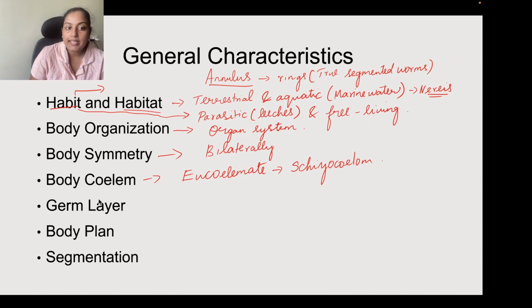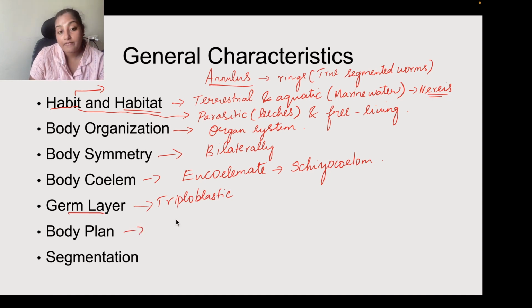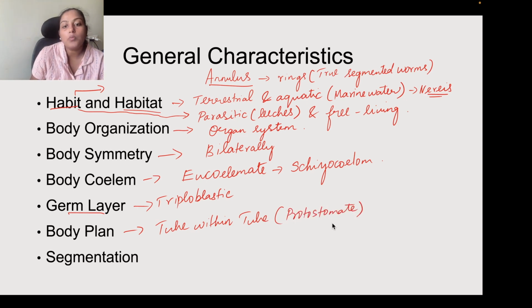Then germ layer, of course, 3 layers, triploblastic in nature. Body plan, very, very important: tube within tube. Again, I have taught you there are two categories, right? Proto and deuterostomate. So this one is protostomate, which is nothing but what?